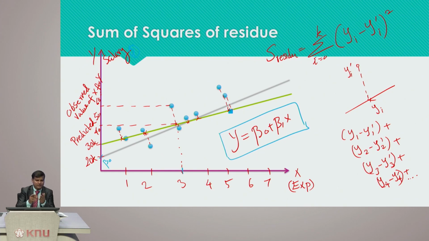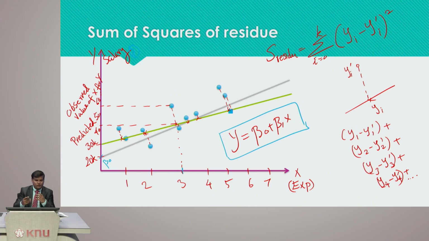So that's the difference that you have between the predicted value as well as the observed value.